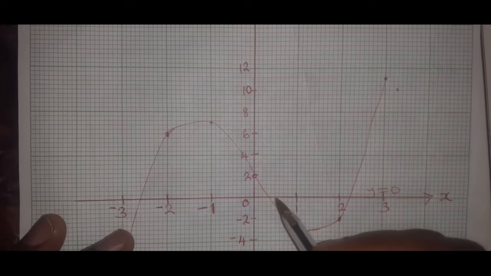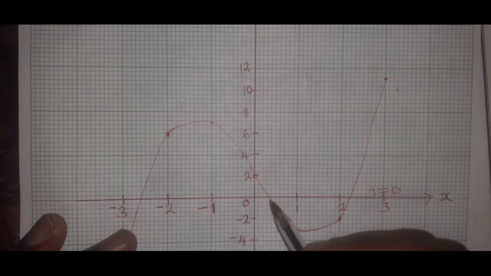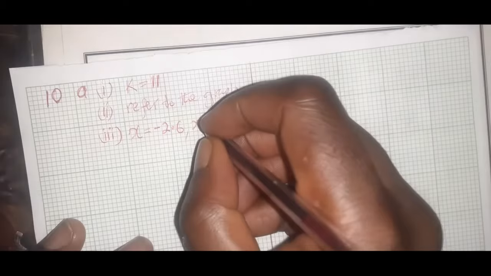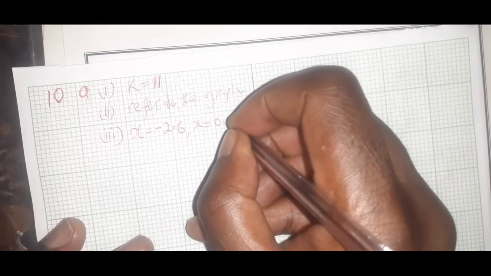What is the x coordinate at this point? So this is 0.123, or 0.14, you say 0.14.